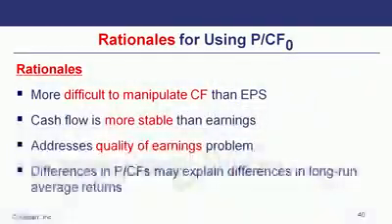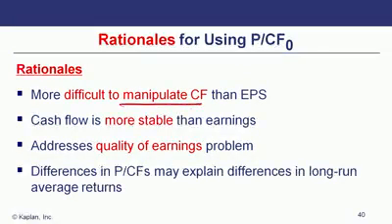So, the rationale, cutting over to looking at price to cash flows. All right, sales is one of the items that is harder to distort, whereas cash flow is also difficult to manipulate, more so than EPS, earnings per share. And cash flow is also more stable than earnings.